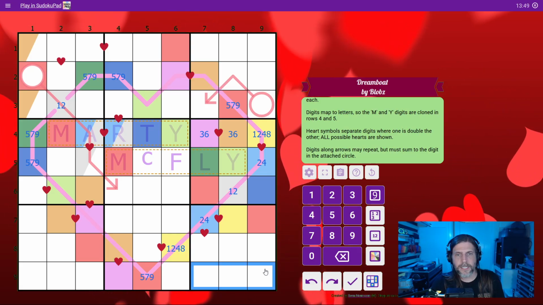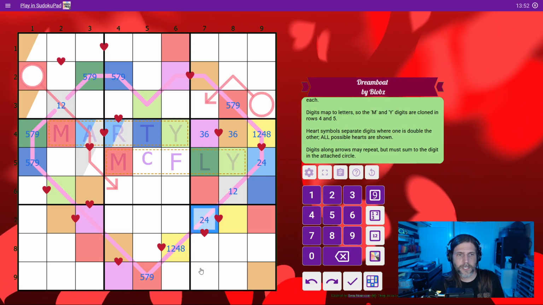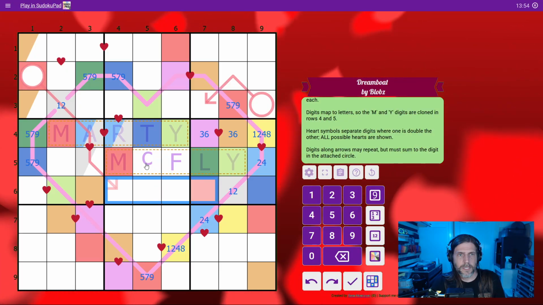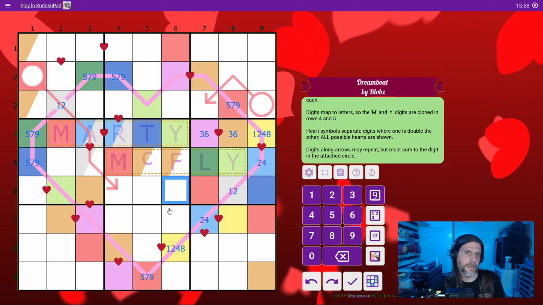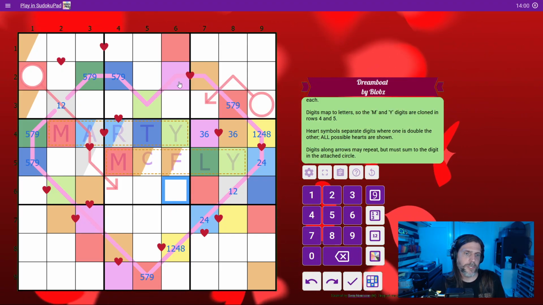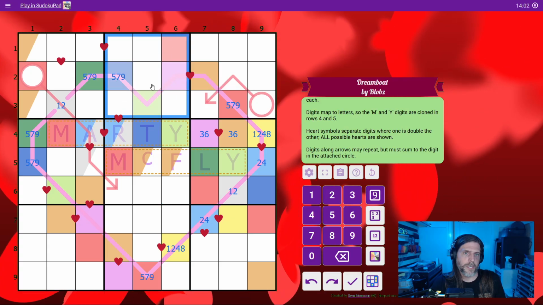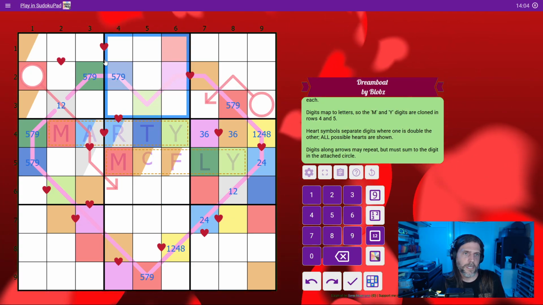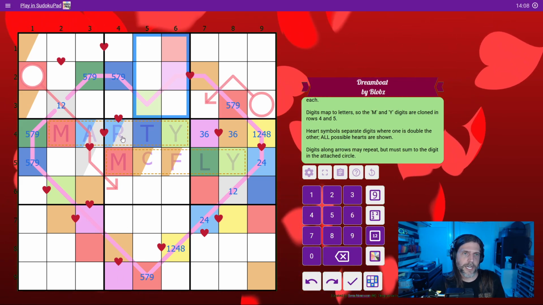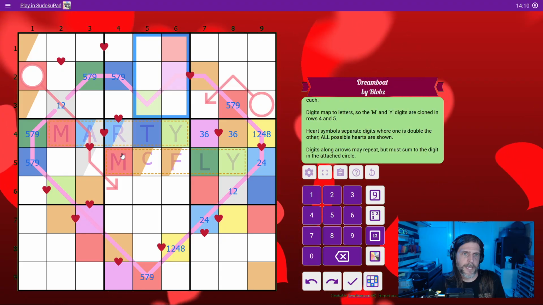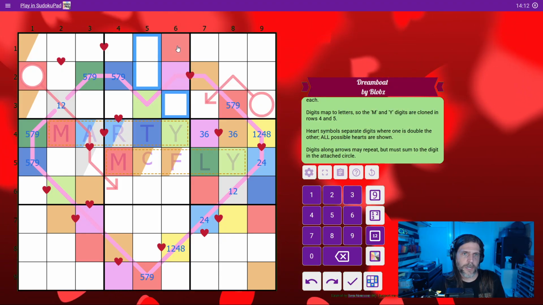And orange has to end up exactly here somewhere. And orange has to end up in here. Where's orange? In here. It's interesting. Orange is not here. And these digits are not orange.